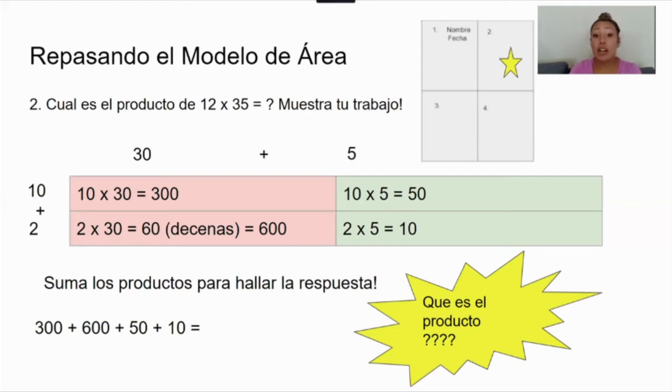Aquí vamos a mostrar nuestro trabajo usando el modelo de área. Pueden ver que ya tengo mi rectángulo aquí mostrado y ya tengo mi número de 12 y 35 en forma expandida. Toma un momento para copiar el modelo de área en sus notas.